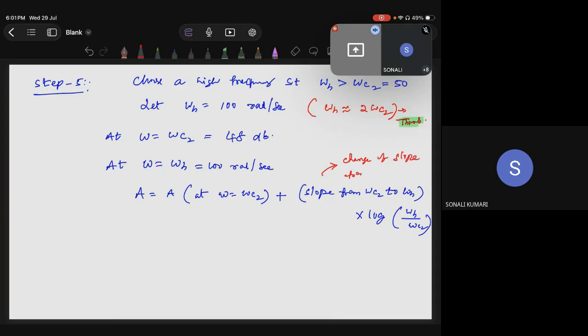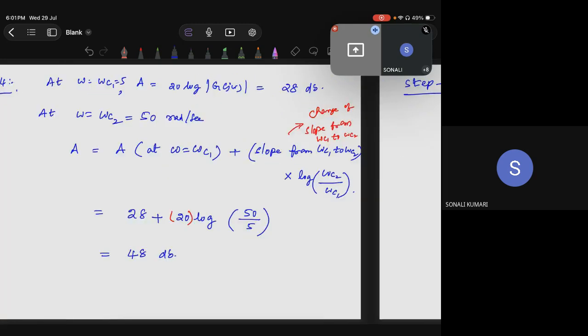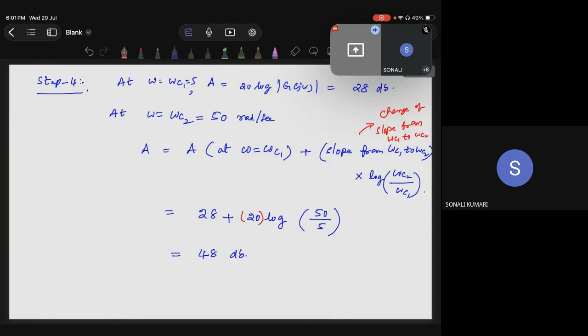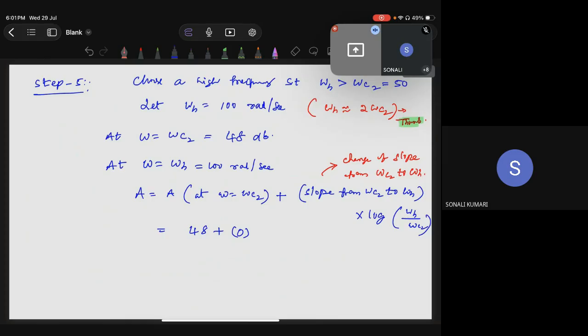This is already 48 plus, and the change of slope from the table is 0. That is how we use the table. So 48 plus 0 multiplied by log of 100 by 50, and we get 40 dB. Is this clear?